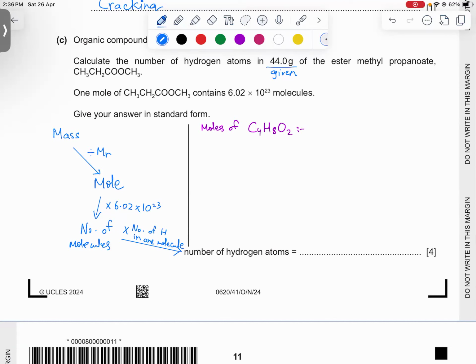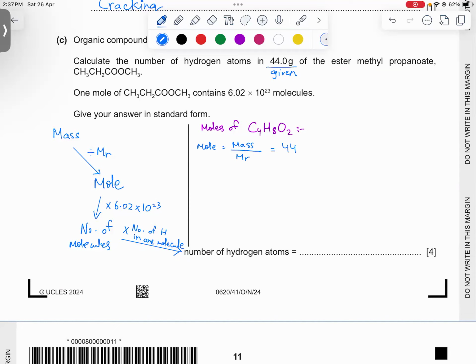And moles is equal to mass upon Mr. It is an ester, it is said, but even if it did not say, the name should give you the hint, right? So what will we get? Mass upon Mr. Mass is 44.